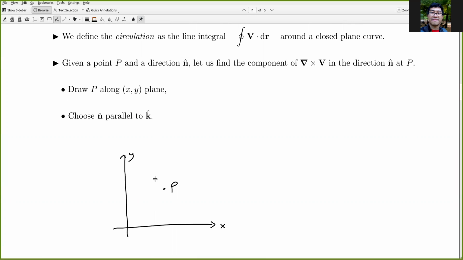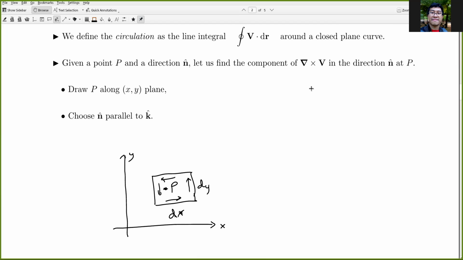Suppose this is our closed path, where the length here is dx and the length here is dy, and a path such that if we go around, we choose this path, when we curl our right hand around the direction of the circulation, our thumb should point in the direction of N.